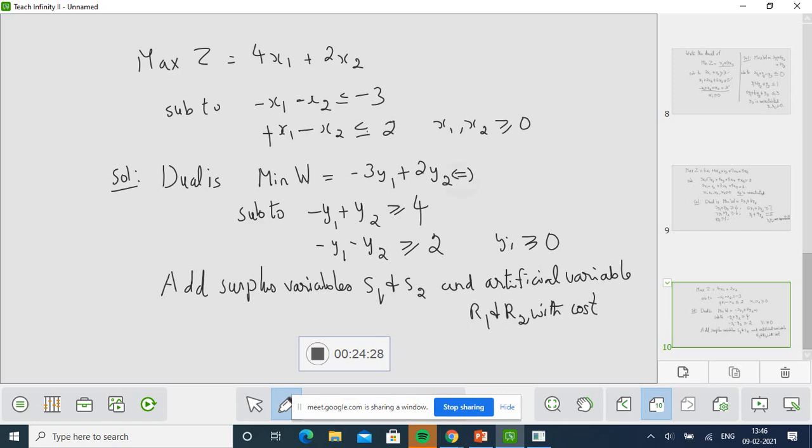Minimize w is equivalent to maximize z star, that is, minus max of minus w. So this is maximize z star equal to 3y1 minus 2y2. So here I can take the cost to be minus M, because I will be rewriting my objective function as a maximization function.